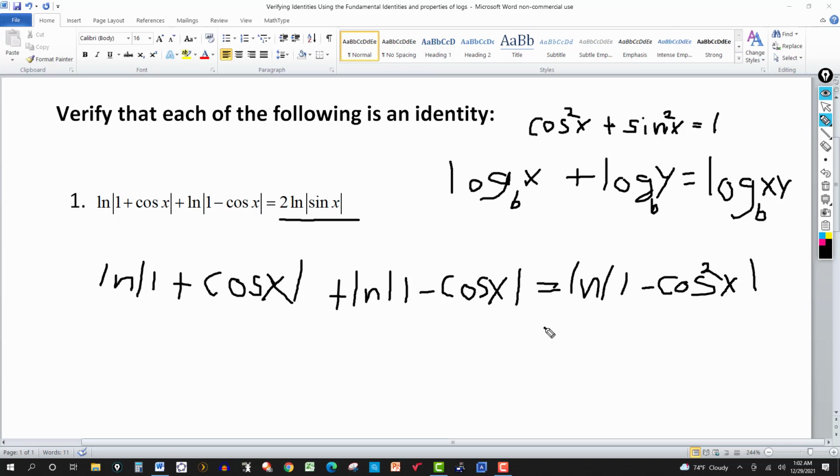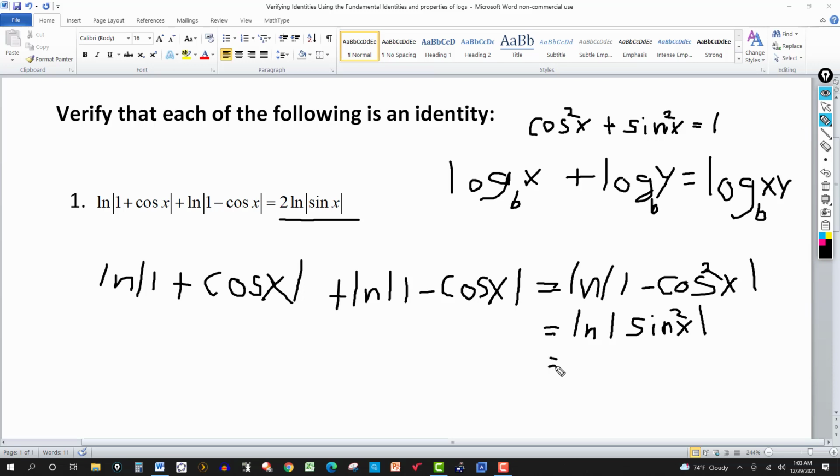So I can just go ahead and replace this. Then this becomes the natural log of, instead of 1 minus cosine squared of x, just sine squared of x, with the absolute values.